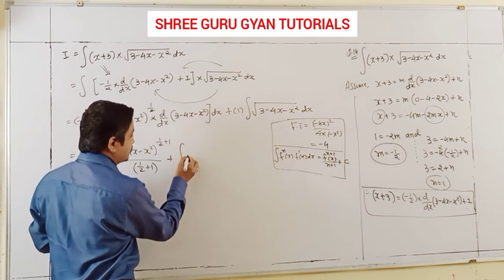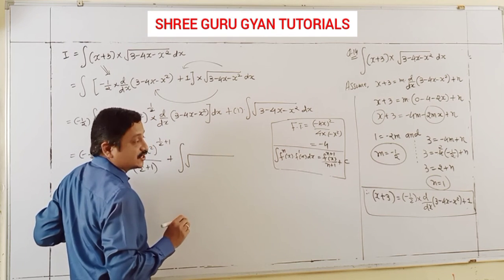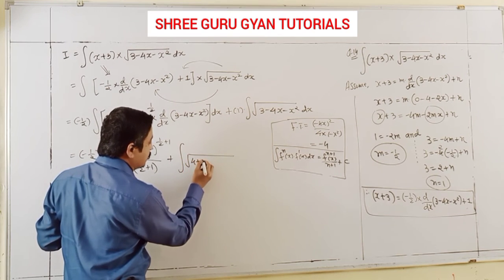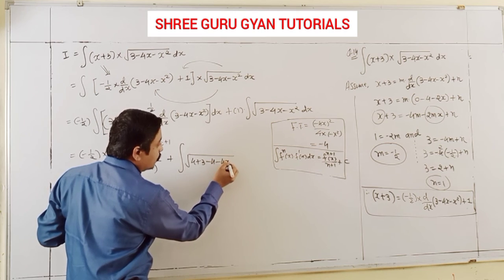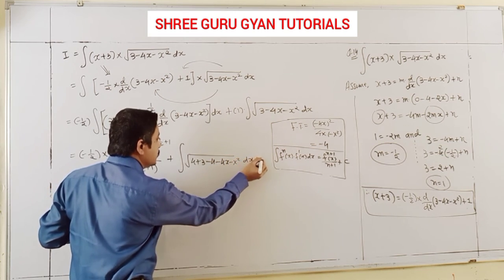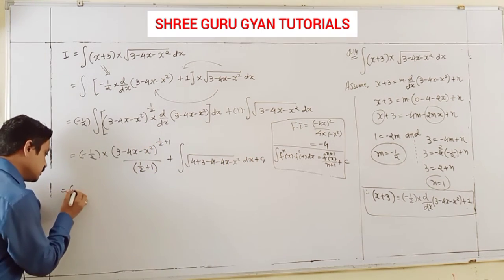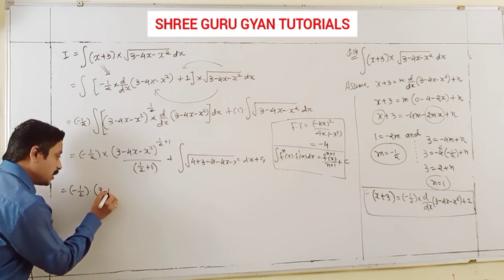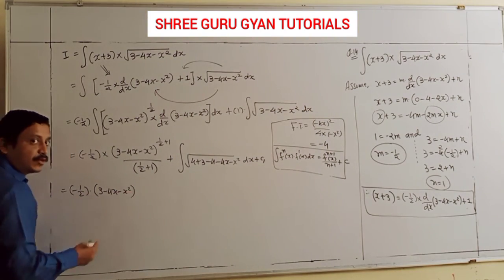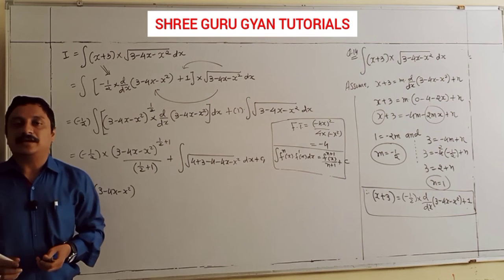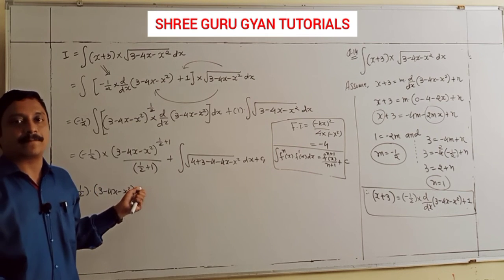So here I am going ahead with minus 4 as the first term, so plus 4 minus 4 plus 7. Finally you get 3 minus 4x minus x square.